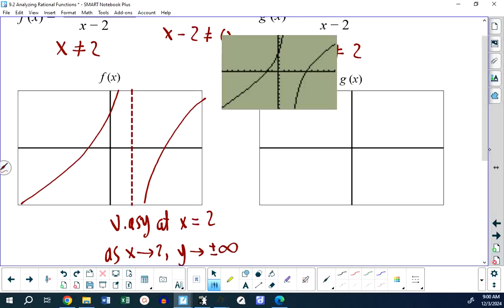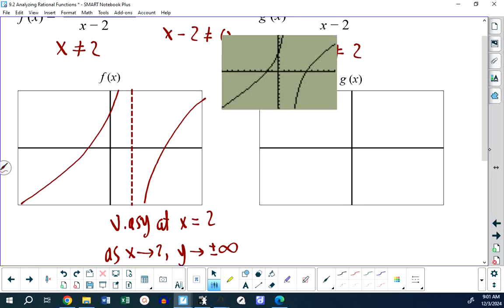And we don't need to worry about from the left or the right. I talked about that yesterday. I talked about, well, from the left is either positive or negative, and in this case, from the left it would be positive infinity, and from the right it would be negative infinity. Okay, that's beyond the scope of this course. That's a calculus kind of concept.